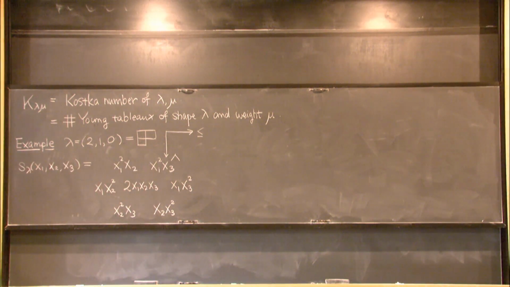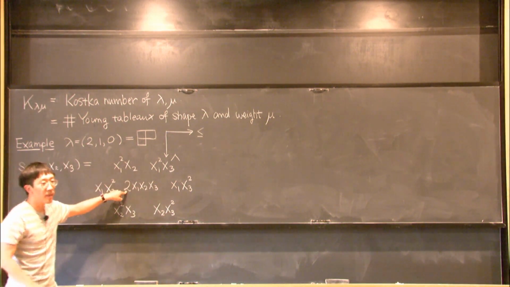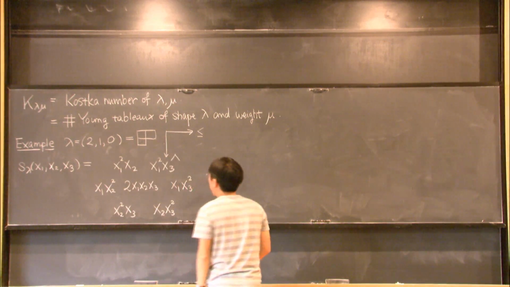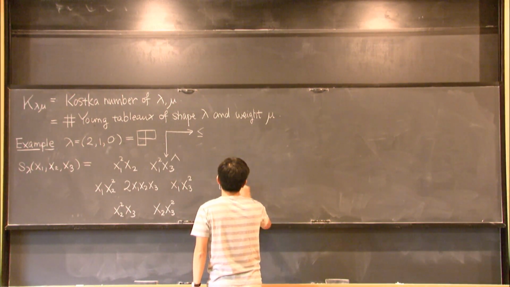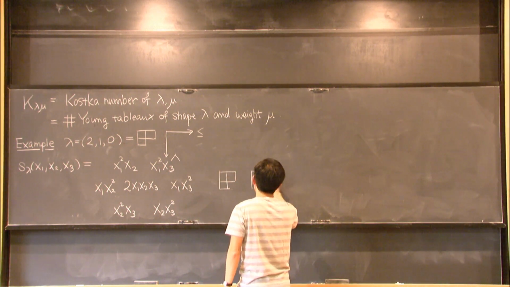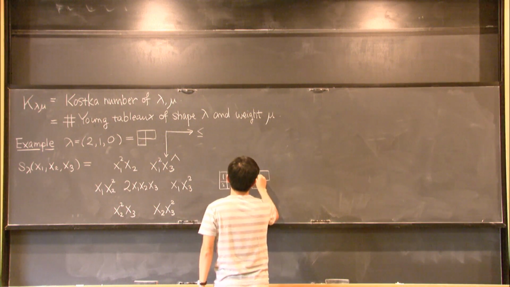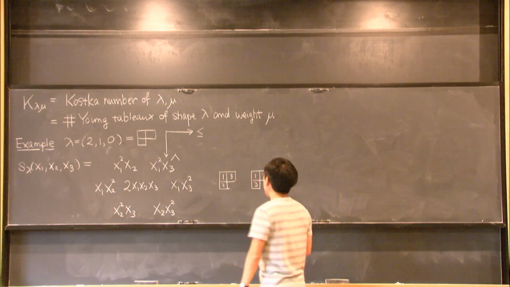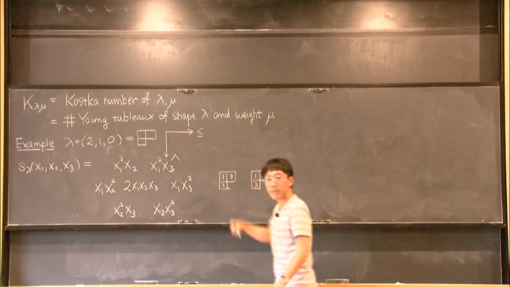And that's it. So all the numbers are 1 except for the 2 here, because there are 2 different ways of filling in the boxes using all 3 numbers. So I can do this or that. And both of these obey the 2 rules.